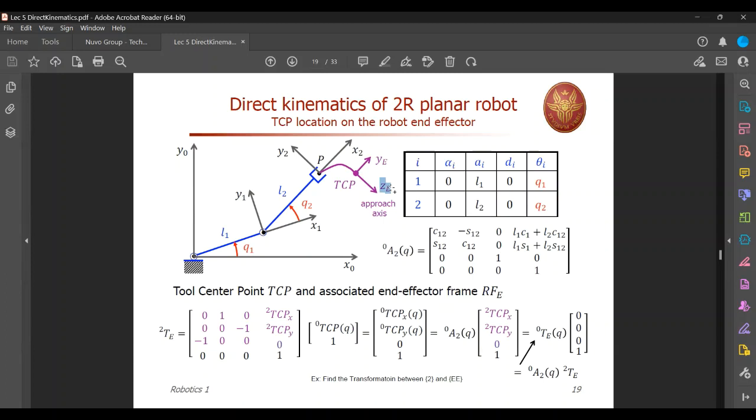When you do that, when frame 2 sees your motion, it sees as if you are moving along X2 and Y2. That's how it sees on the other coordinate frame. But you are actually moving with respect to this coordinate frame, YE, ZE directions. Okay. So let us introduce this displacement now.